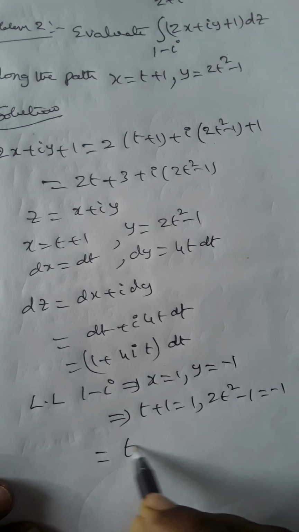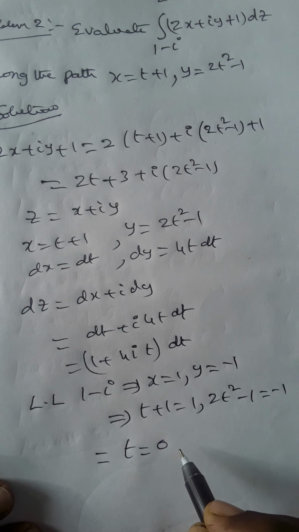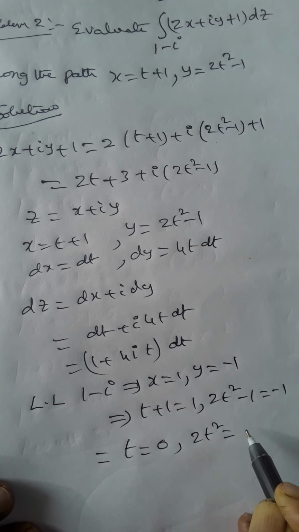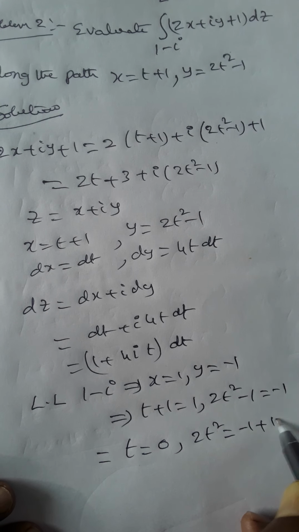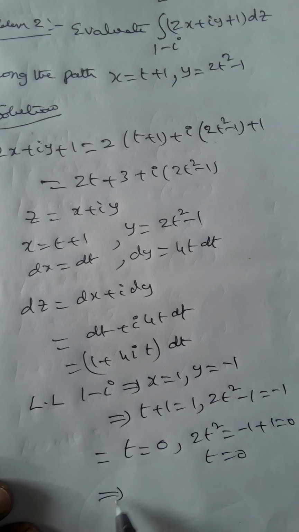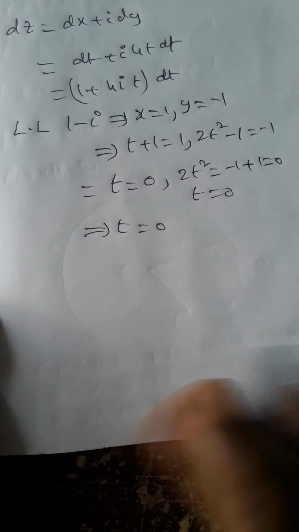So t value is 1 minus 1, 0. Here 2t² is equal to minus 1 plus 1, 0, so t is equal to 0. From both values, t is equal to 0.